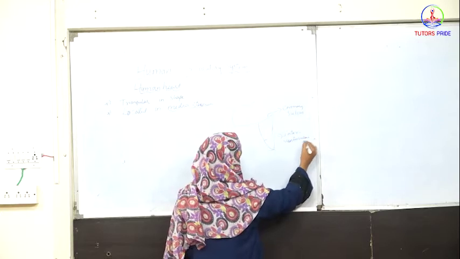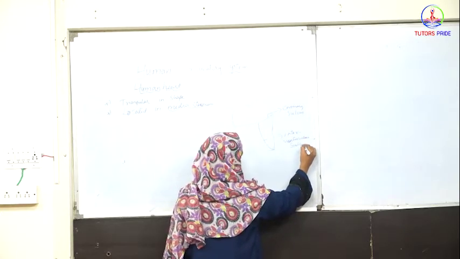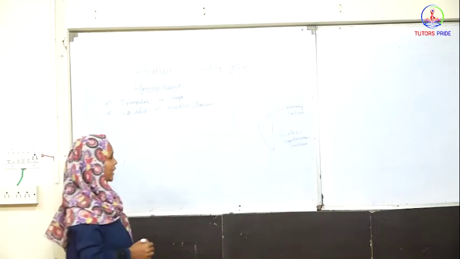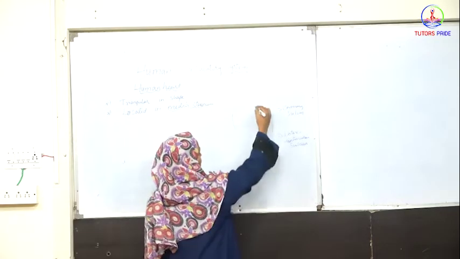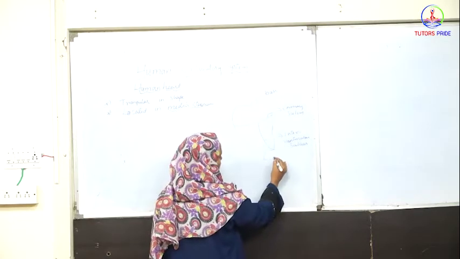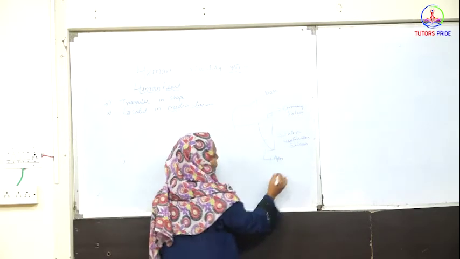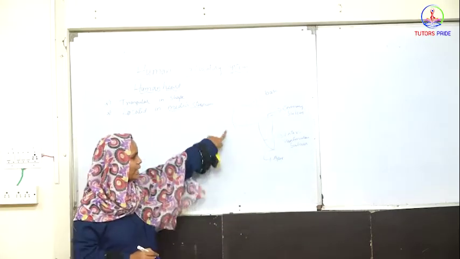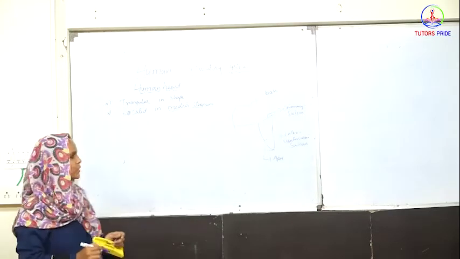So there are two depressions we are seeing, and if you say the parts, the uppermost part becomes the base and the lowermost becomes the apex.